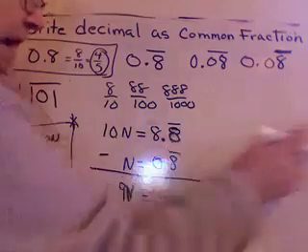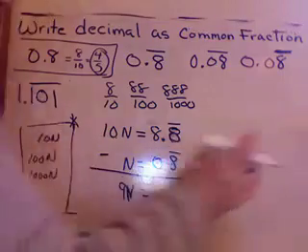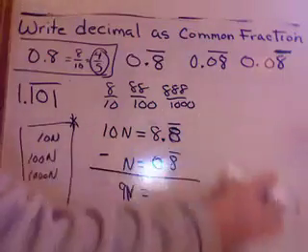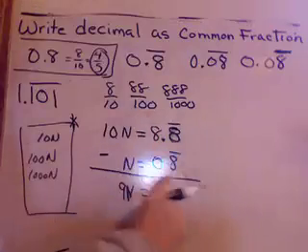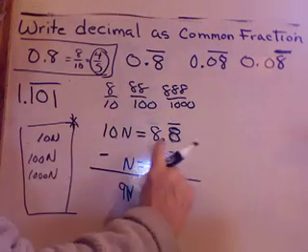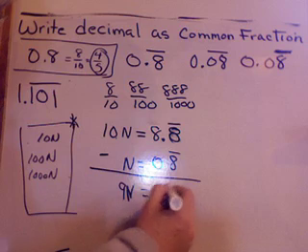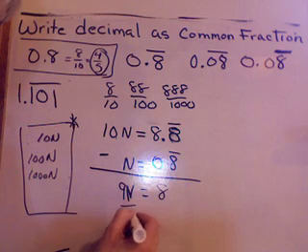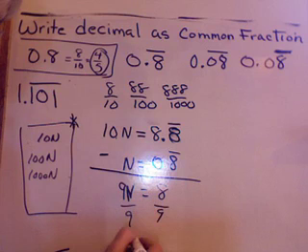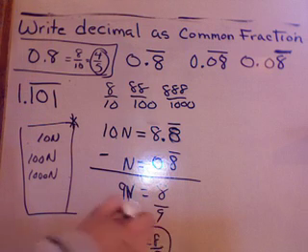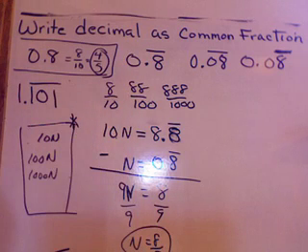When I subtract, those would cancel out. So I really just have to subtract this part here. 8.8, take away 0.8 is 8. Then divide by 9, so I get n equals 8/9. So the fraction 8/9 gives you 0.8 repeating. You can, of course, check that with your calculator.